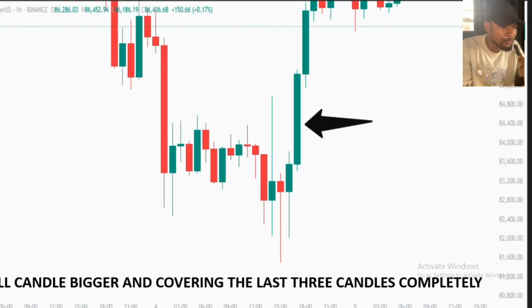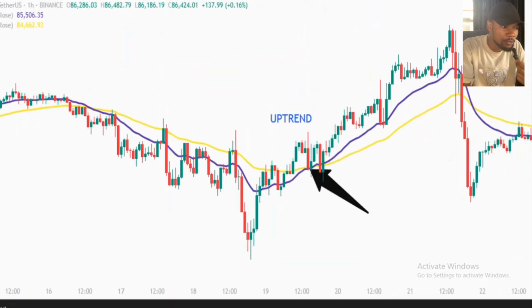We are going to be looking out for a full green candle after it has crossed for an uptrend. This is for an uptrend. Whenever we get an uptrend signal just like this, we're not going to enter immediately. We're going to be looking out for one of these signs.